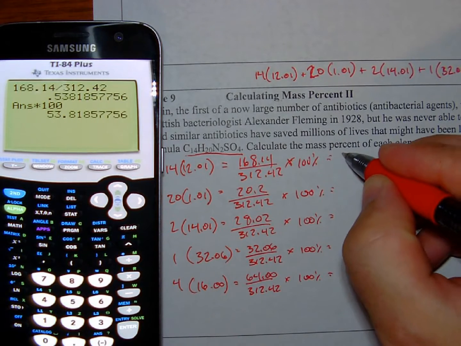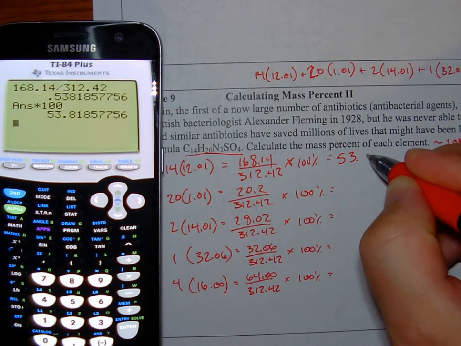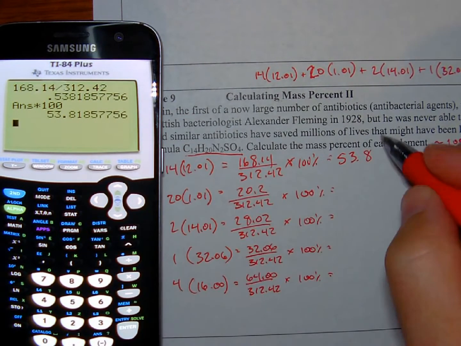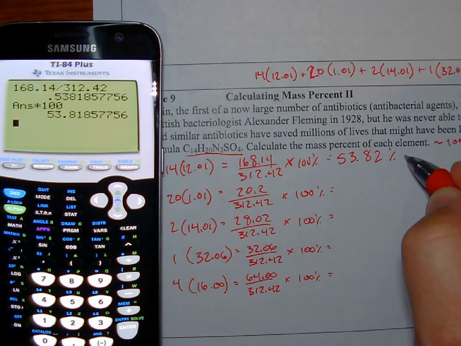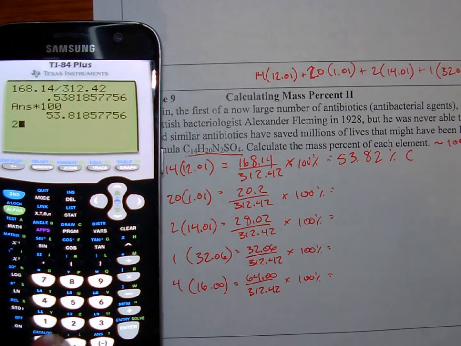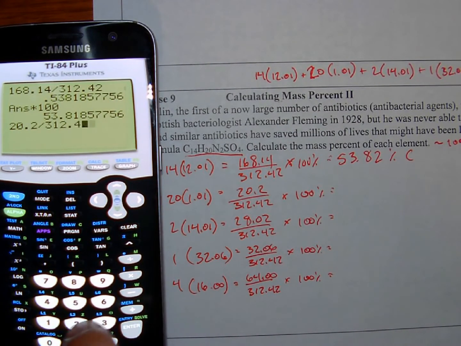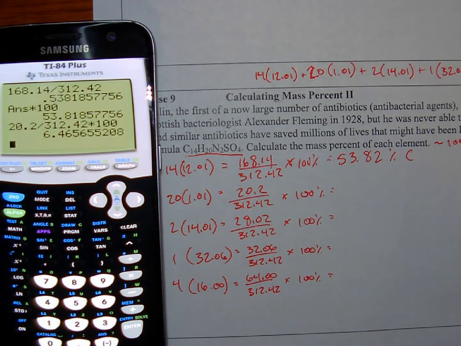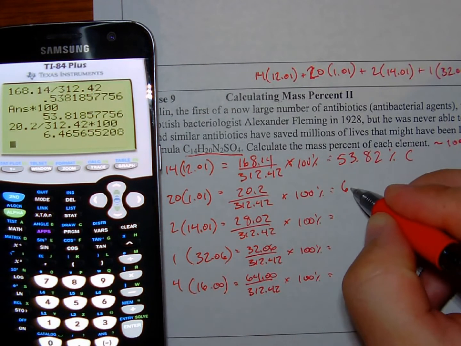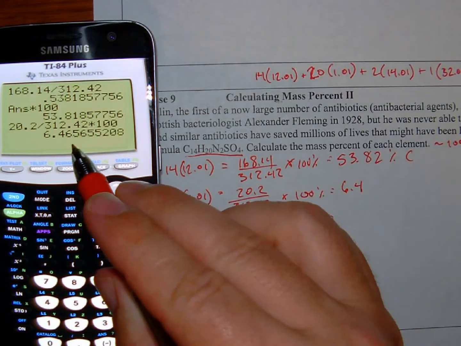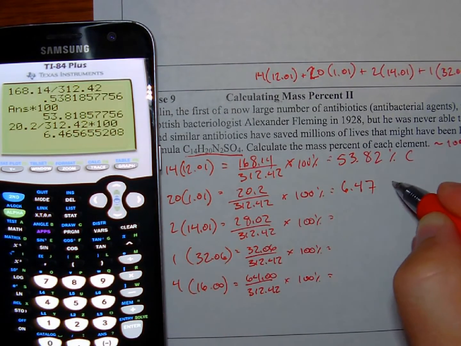That's going to be 53.8. I want 2 places past the decimal, so I'll go 53.82% carbon. Move on to hydrogen, and I'll come up with 6.4. 2 places, that should be 6.47.